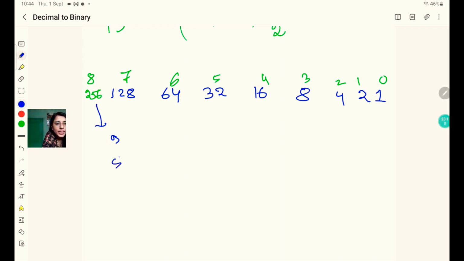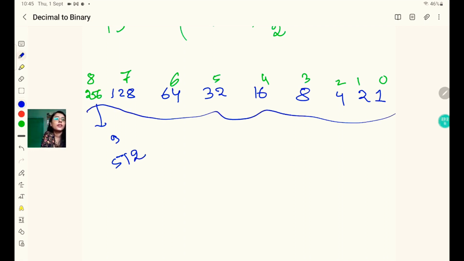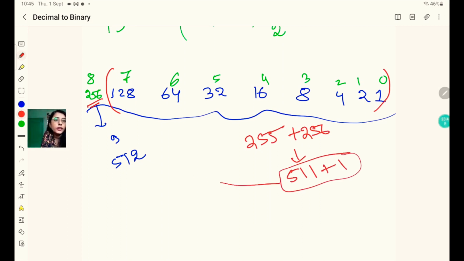It is 512. How did I do it? Just add all these numbers. The addition of these numbers becomes 1 less than 256 obviously, so the addition will be 255 plus 256, which makes 511. Add 1 with this number and we get the number just after this.